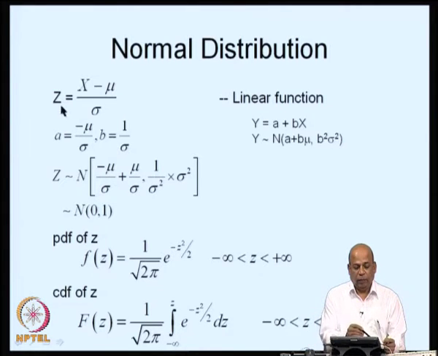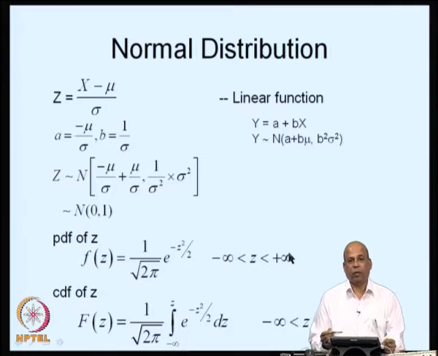So, once we define Z, we define the PDF of Z. Because Z follows a normal distribution, we obtain the PDF of Z as 1 over root 2 pi, sigma is 1, therefore, we do not write sigma here, e to the power minus (z minus mu) the whole square by 2, and mu is 0 here, therefore, you get e to the power minus z square by 2, and z varies between minus infinity to plus infinity, because x varies between minus infinity to plus infinity.